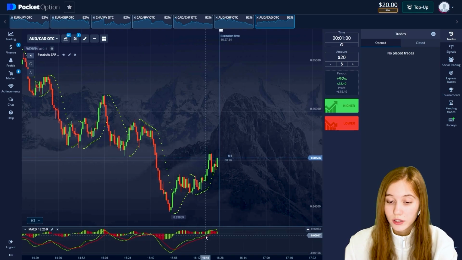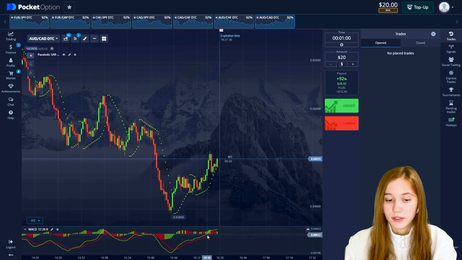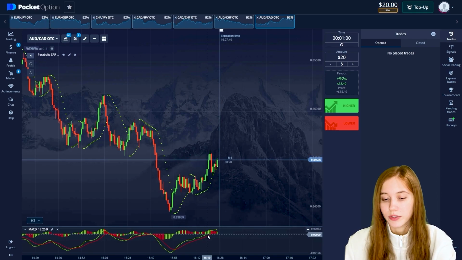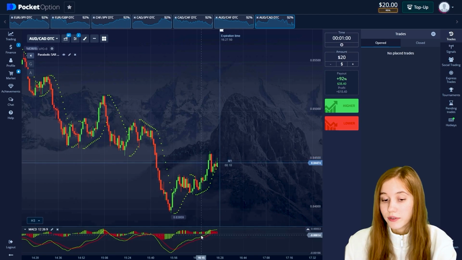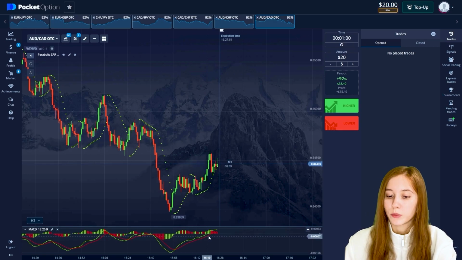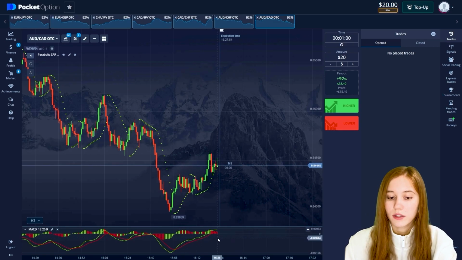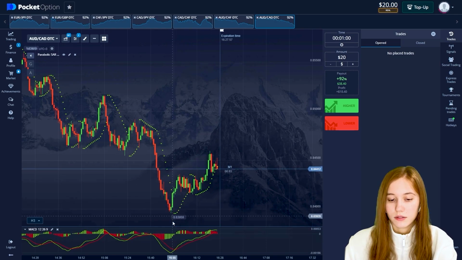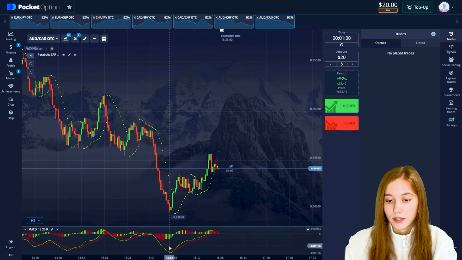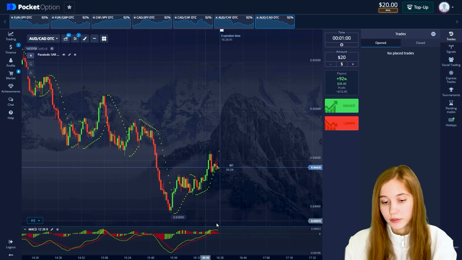In a downtrend, on the contrary, the current price is lower than the average value over a certain period of time. The dynamics of these average prices and values can be displayed on the chart in the form of 2 lines. If we have such a green line, it means an uptrend. And if the red one, it's a decreasing trend.